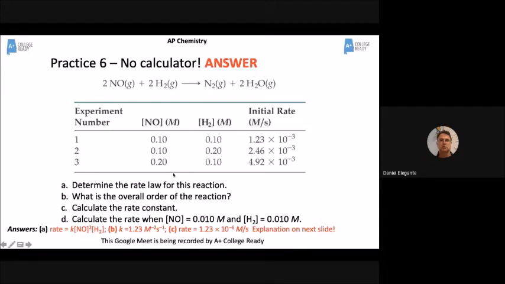Now let's see if we can figure out why. When the NO is doubled, the rate basically goes up by a factor of 2 as well. When the amount of H2 doubles, this one goes up by a factor of 2.